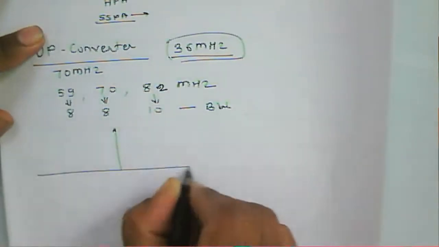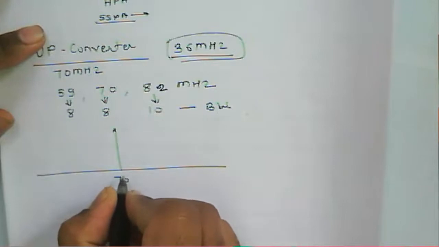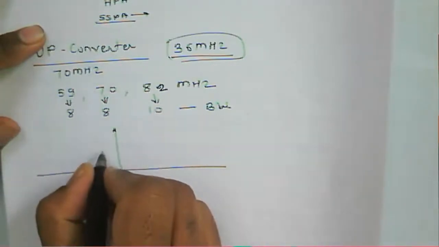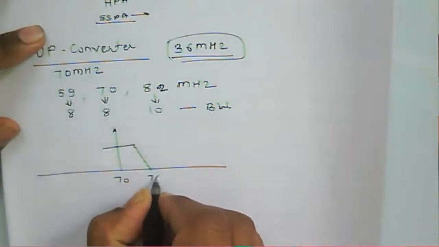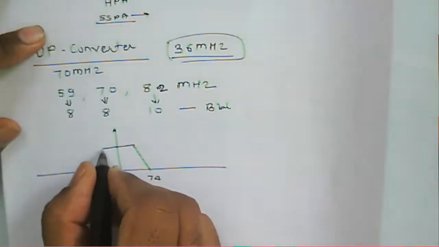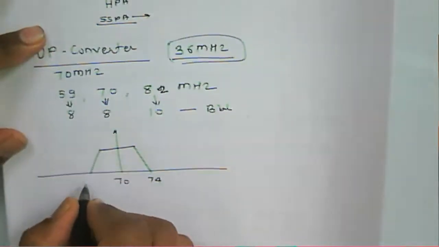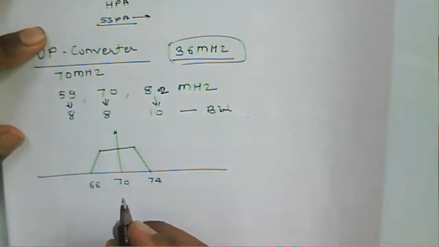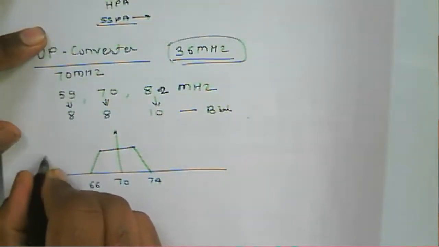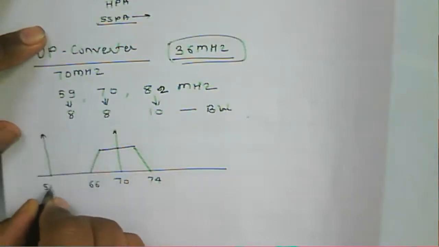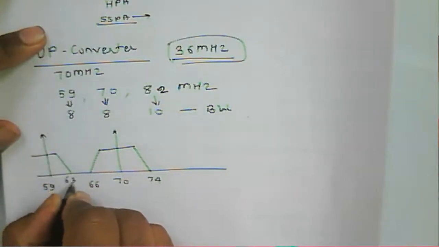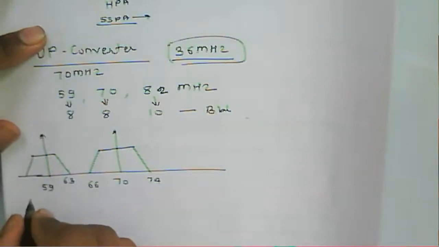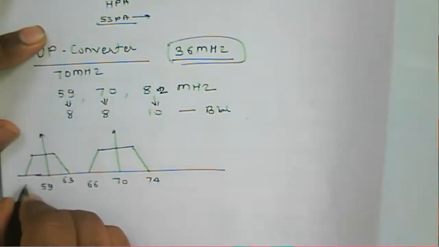So we draw 70 megahertz. We have 70 plus 4, 74, and 70 minus 4, that is 66. Another band is about 59: 59 plus 4 is 63, and 59 minus 4 is 55.